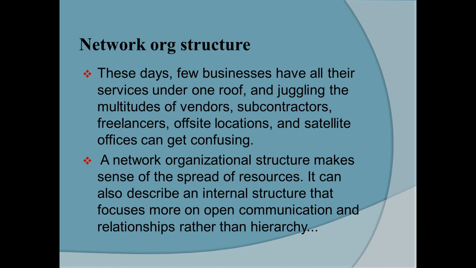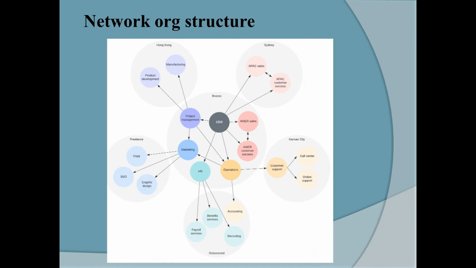Because of that, a network organizational structure makes sense of the spread of resources. It can also describe an internal structure that focuses more on open communication and relationships rather than hierarchy. So this is the network organizational structure. It is characterized by geography, of course, the spread of resources from different places.